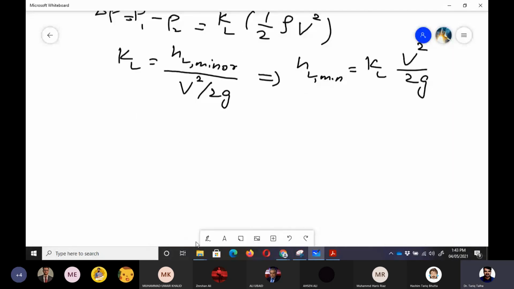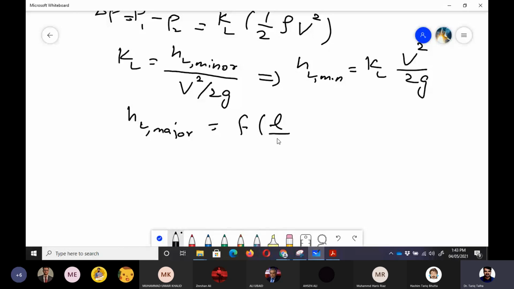Let me write the relation for the HL major here as well, just for comparison purposes. HL major was equal to f L upon D times V squared upon 2g. Right.